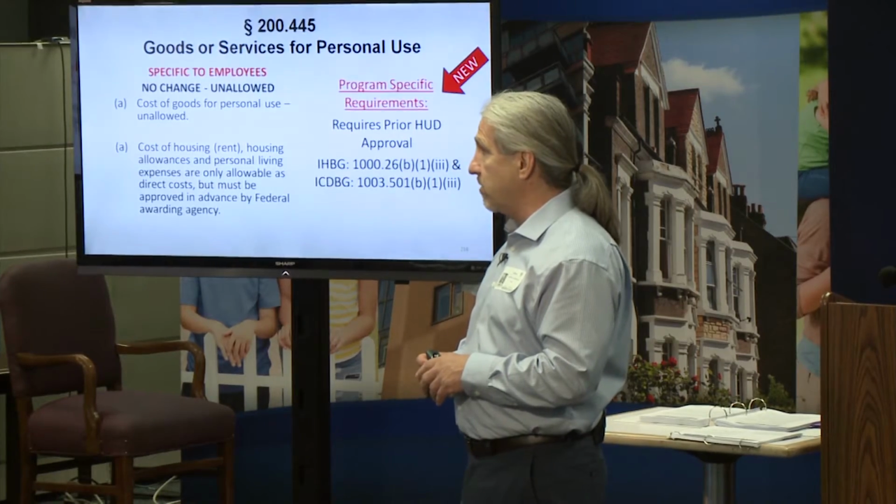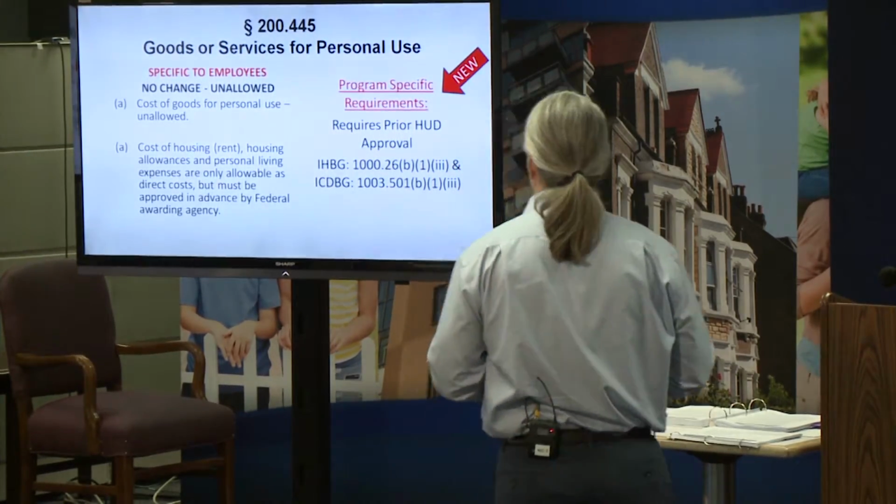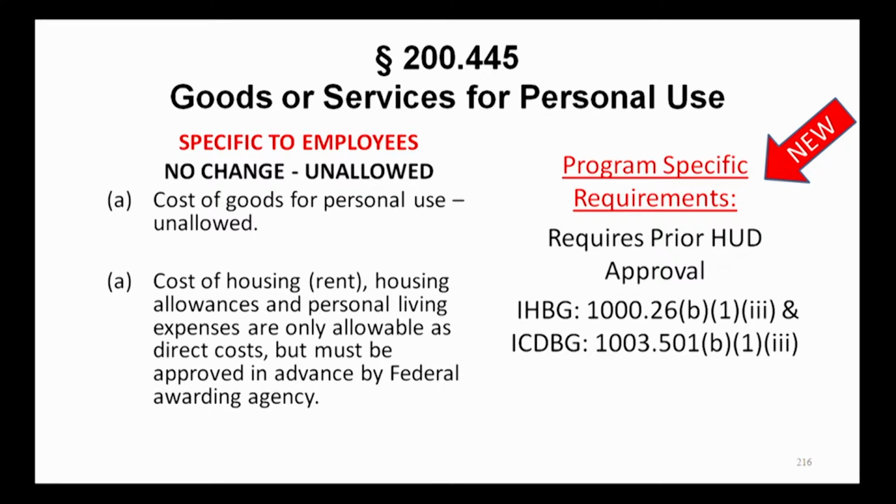445, goods or services for personal use. Okay, so no change. This is specific to employees. Cost of goods for personal use has always been unallowed, still the same. And this is where we see the section on cost of housing. Apologize, I got a paragraph numeral off there. But the cost of housing allowances, personal living expenses are unallowable as direct costs.